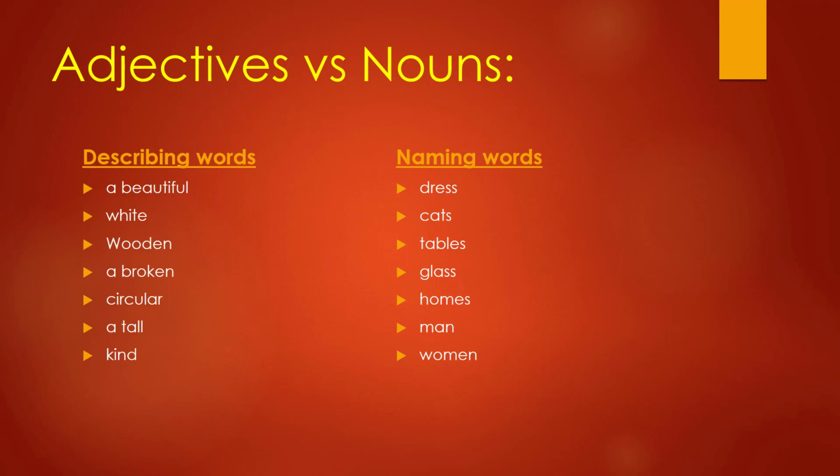We come to know that adjective tells about the color, size, shape, nature, and material of something. I hope now you are more clear about adjectives and nouns.